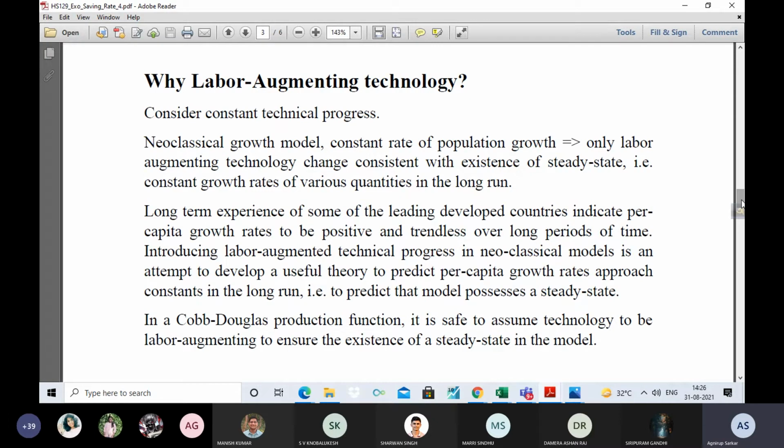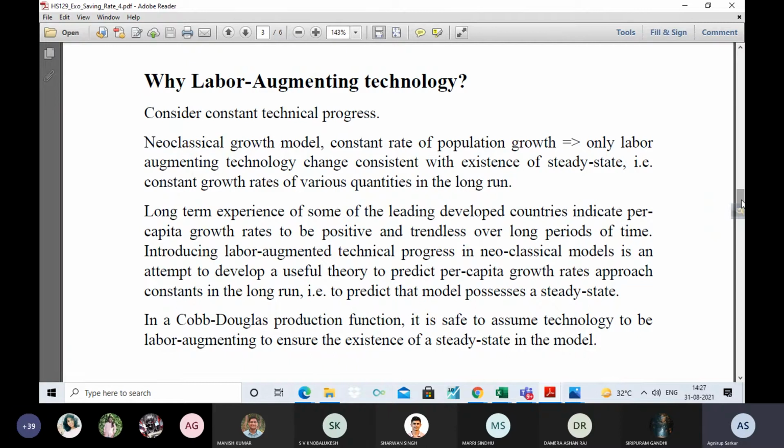There can be several kinds of steady state, but the steady state we are talking about here is one in which constant growth rates of the various quantities are present in the long run. So in the long run, the per capita quantities of the different variables would be growing, and this growth rate would be constant. Okay, so this result can be proved.